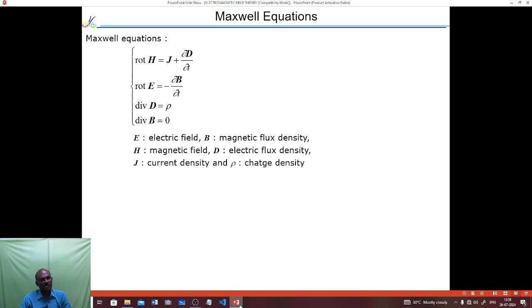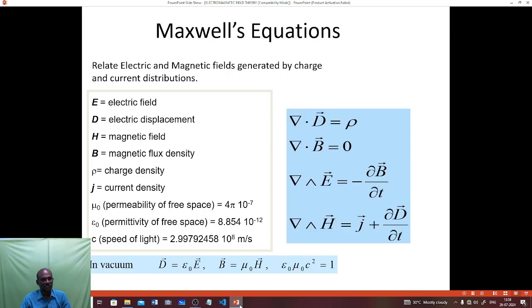So H is magnetic parameter, E is electric parameter, B is magnetic parameter, D is electric parameter and rho is charge density. So similarly we can relate electric field as well as magnetic field. By solving the integral and differential equations we can find various electromagnetic wave parameters.